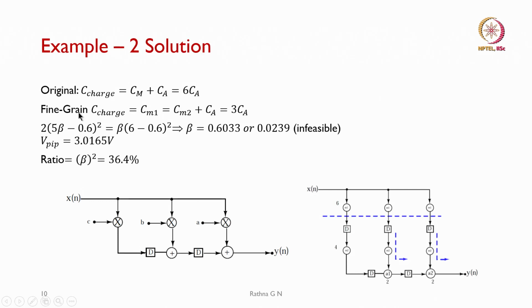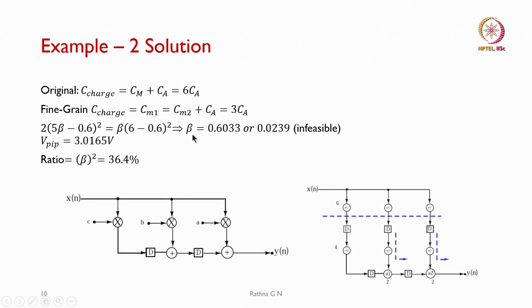In the fine grain case, C charge is equal to Cm1, which is equal to Cm2, plus Ca, because we have one pipeline stage there, which is 3 times Ca. Then M is equal to 2 in this case, and (5 times beta minus V t, which is 0.6 threshold) whole squared is equal to beta into 6 Ca, minus 0.6 whole squared, as you solve this equation.